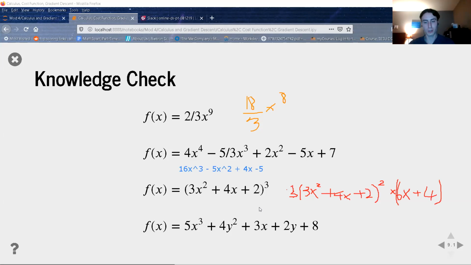Whoever wants to do that, you have to find two derivatives since we have two variables. I'll do the x. Okay. Hold on.